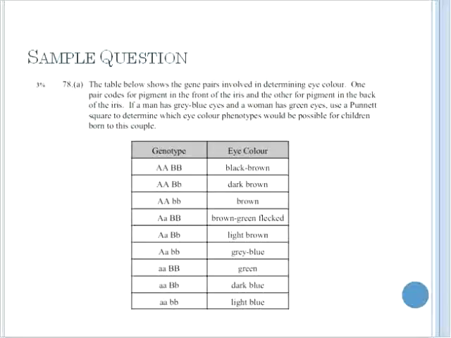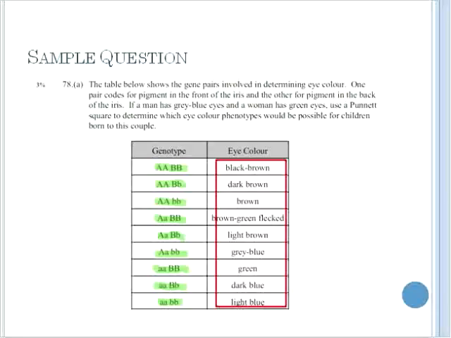Constructed response questions have also been addressed as they relate to this topic. This question asks, you're told that you have a table below that shows the genes involved in eye color. You're given the genotype with the corresponding eye color that would result. You're asked to use a Punnett square to determine which eye colors are possible for children born to the couple.